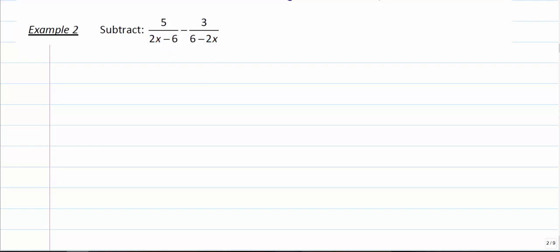And so if you remember, we talked about the fact that if I turn around subtraction, I have to multiply by a -1. Well, what's going to happen in this case is it's going to change this negative to addition.